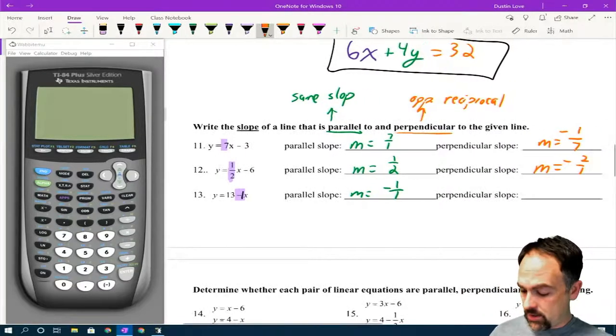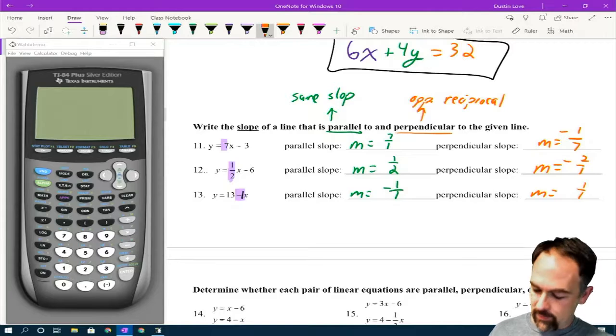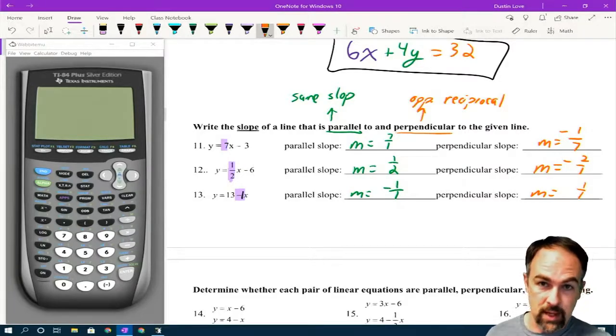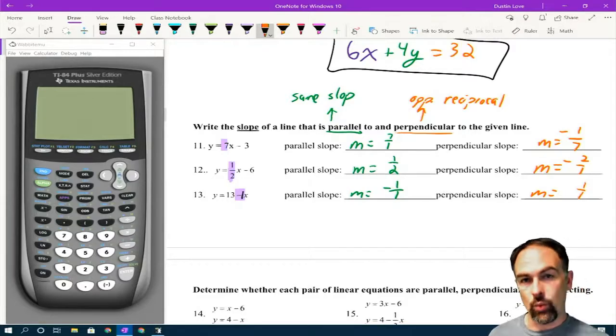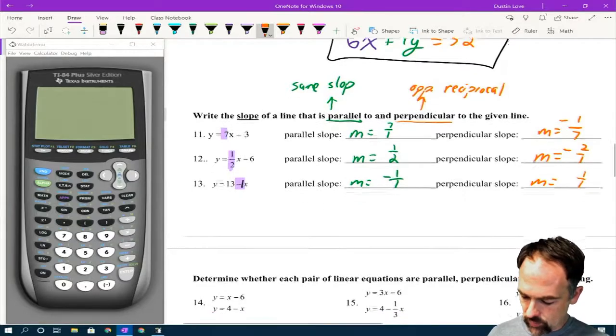Now, my perpendicular slope, well, if I take 1 over 1 and flip it upside down, I still get 1 over 1. However, it was negative. I got to make it opposite sign, so it's positive. Positive 1 over 1 or positive 1.